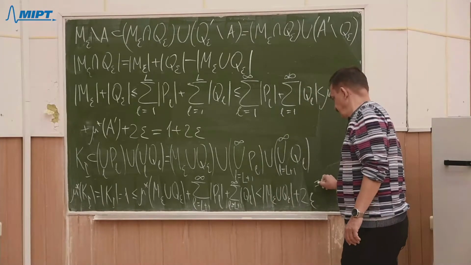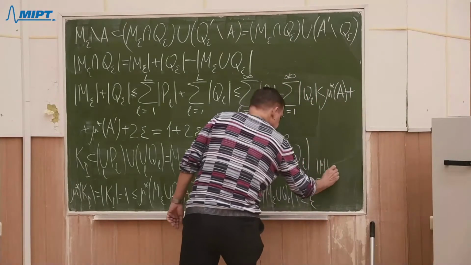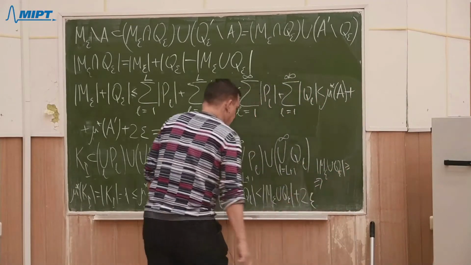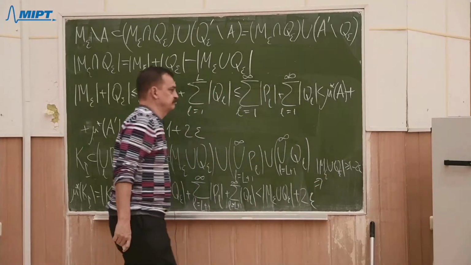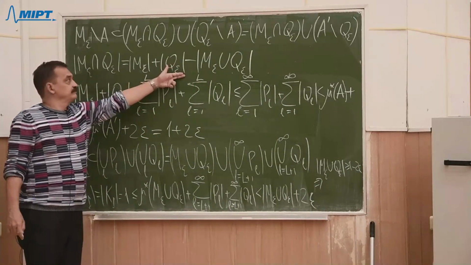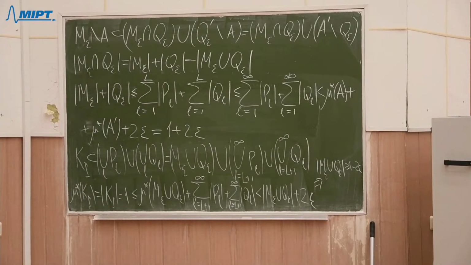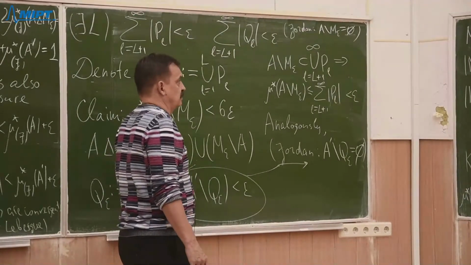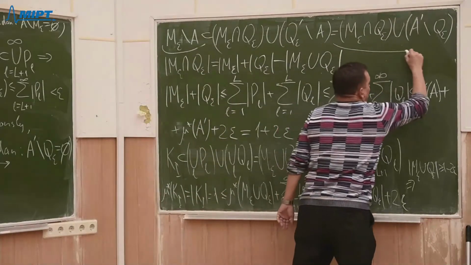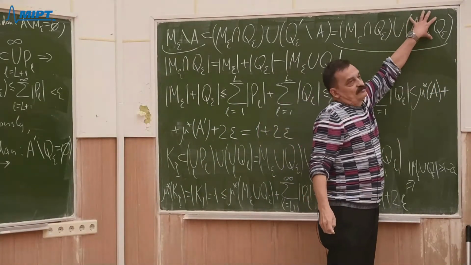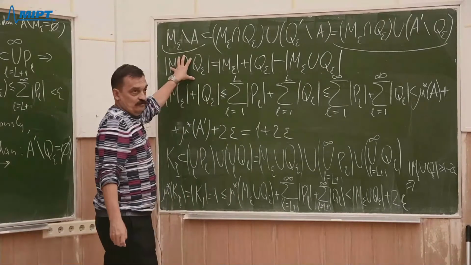And it follows from these inequalities that the volume of the union is greater or equal than 1 minus 2 epsilon. That is precisely what we want. Because, you see, let me return. So M epsilon minus A is a subset of that one. The measure of this term is less than epsilon. The measure of this intersection, its volume, equals that one.